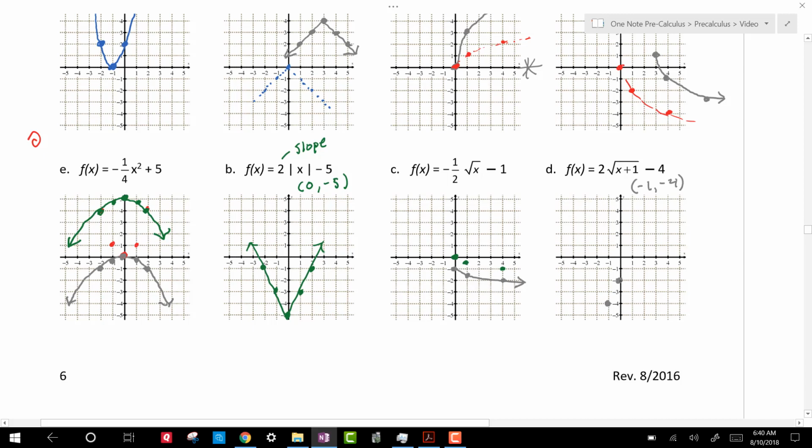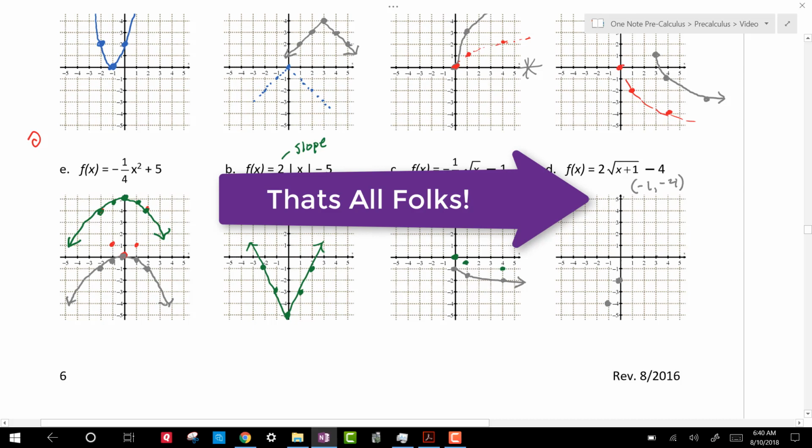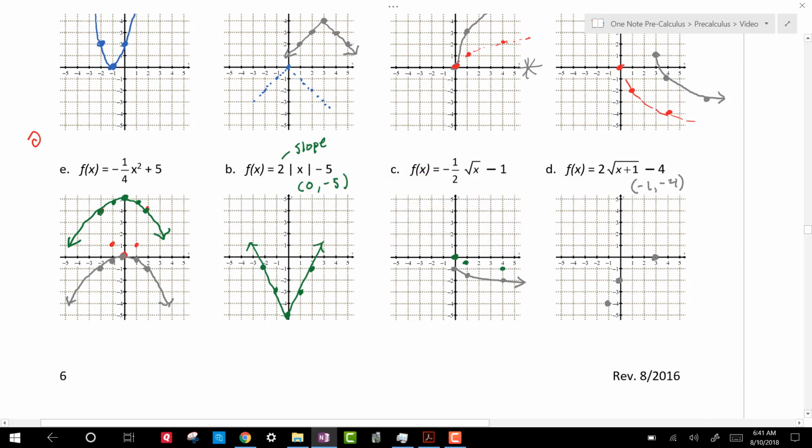My next point normally goes, again, up 1 and over 3. So this time we're going to go up 2 and over 3. And we're going to draw our graph. Once you get those pattern of points down, it's a piece of cake.